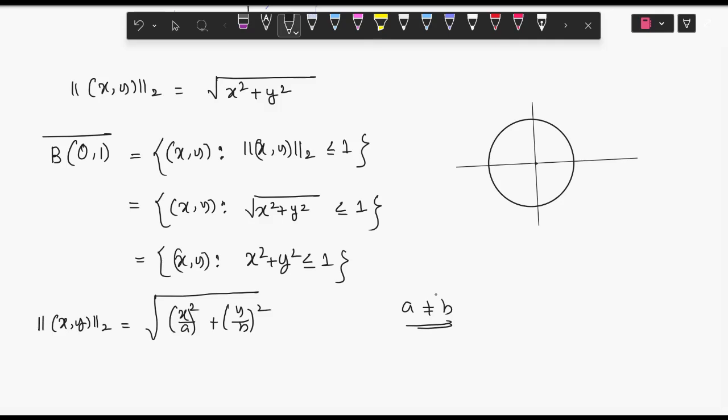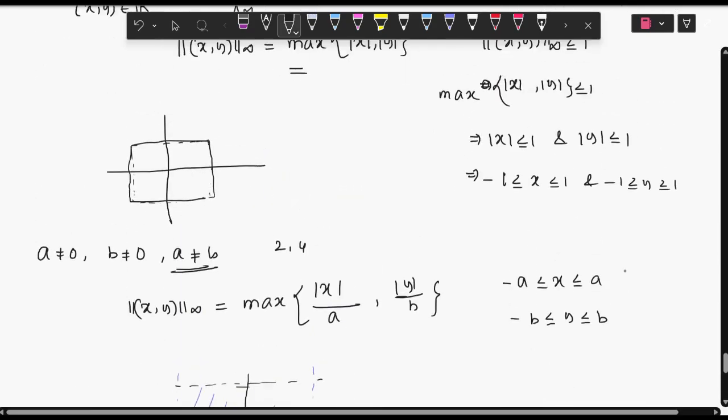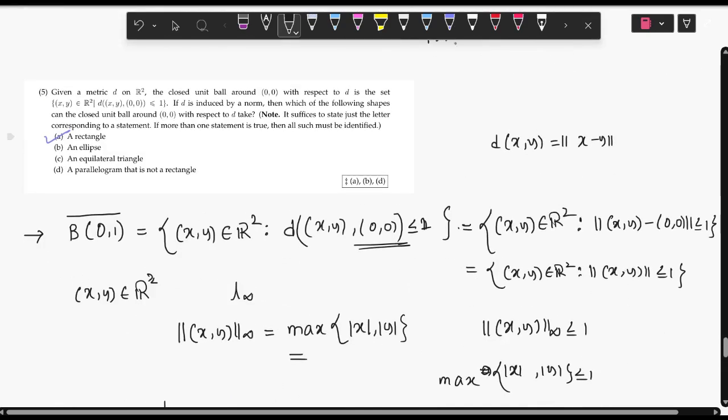Obviously, a and b have to be non-zero. In that case, just observe that the same thing changes to (x by a) whole square plus (y by b) whole square is less than or equal to 1. At that time, we are getting this as an ellipse. So option B is also a correct option.